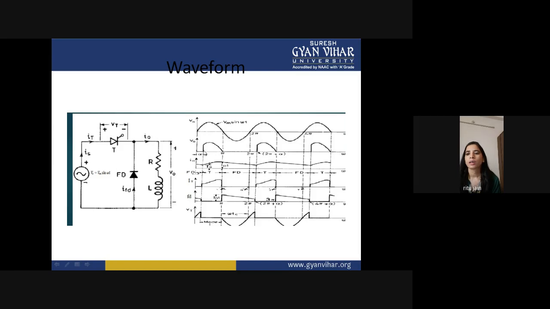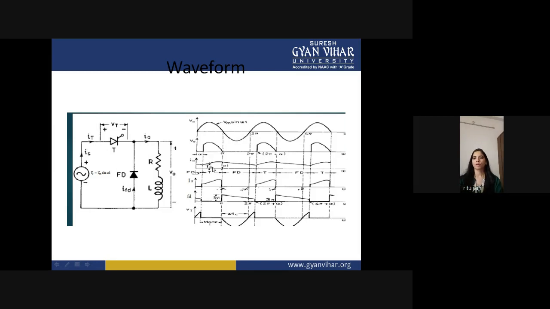Then you get the output voltage from alpha to pi, because at pi the input voltage becomes negative, so this terminal of the thyristor becomes negative, and the thyristor comes into reverse biasing from pi to 2 pi.